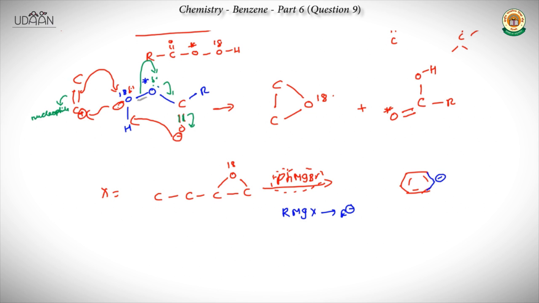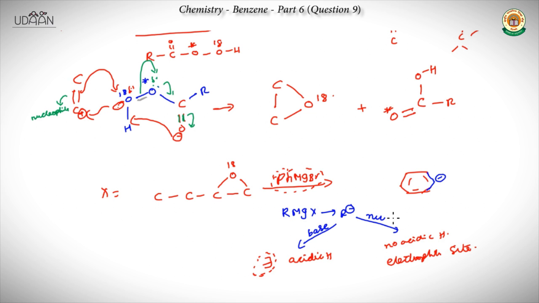This R minus can act either as a base or a nucleophile. Now if there exists any acidic hydrogen, this is the symbol for there exists, as you have studied in mathematics, it acts as a base, and if there is no acidic hydrogen and there is an electrophilic site, it acts as a nucleophile.